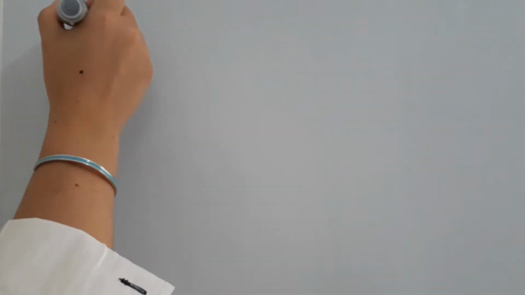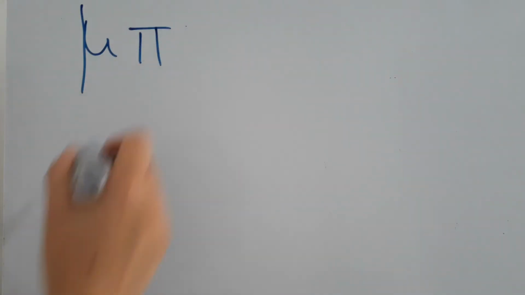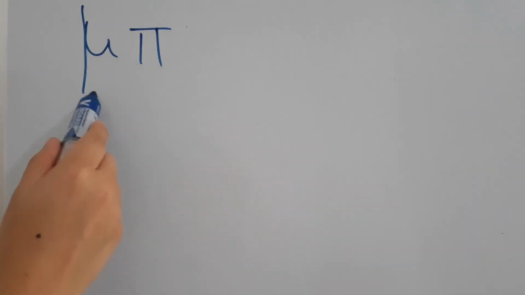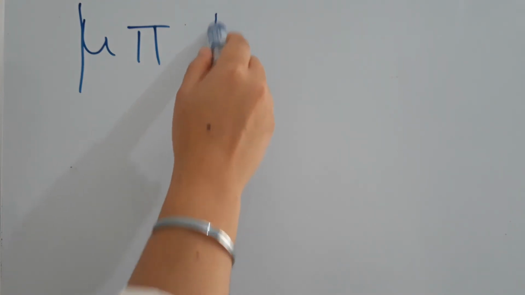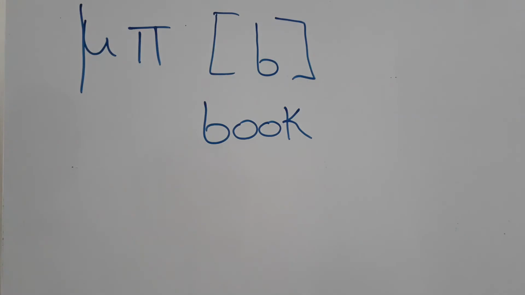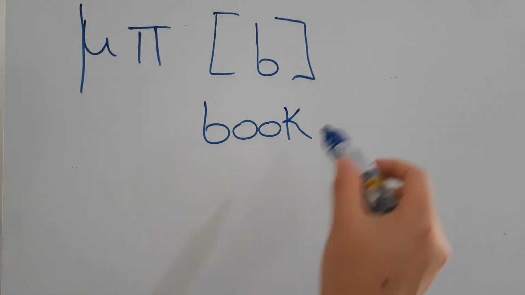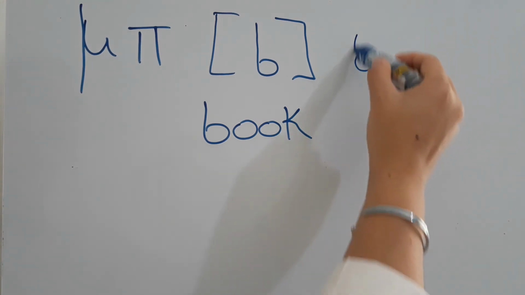The next two double consonants are B and D. The first one is B, that consists of M and P. M, P makes the sound B. For instance, the Greek word babas.